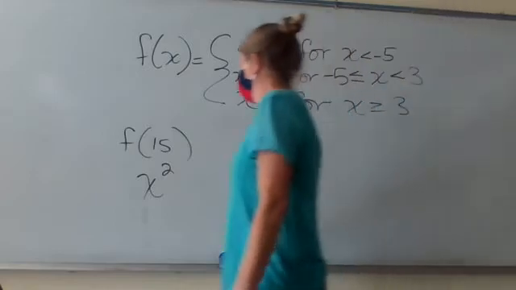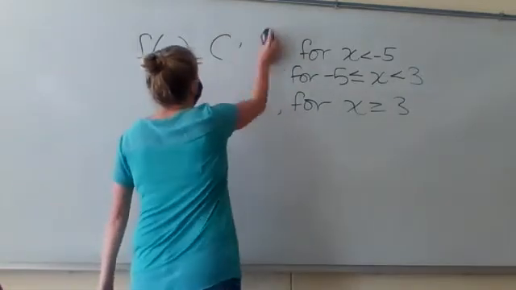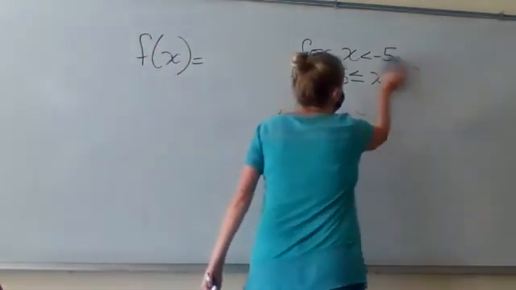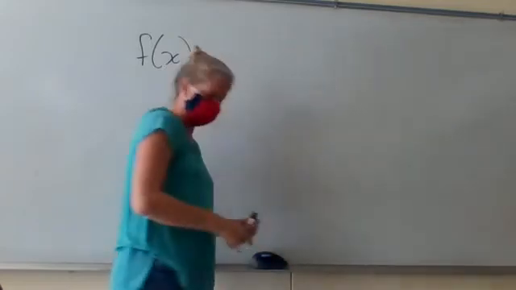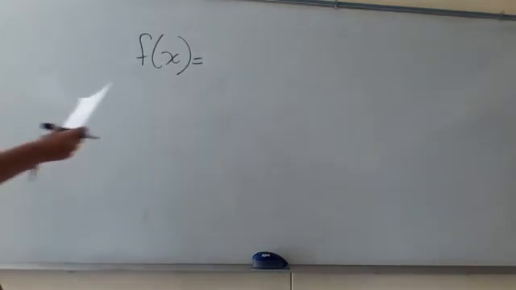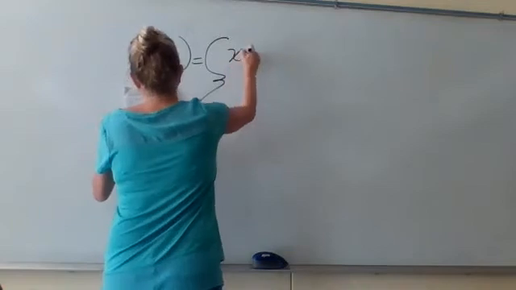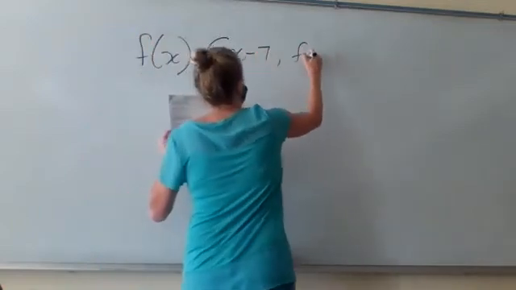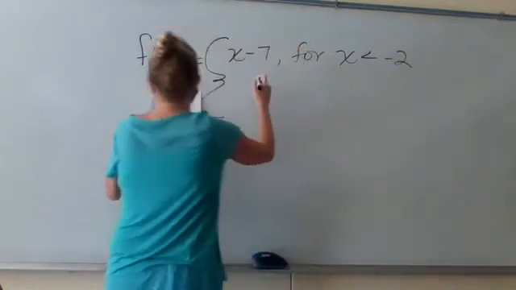And the last one of these brings up something a little new that we haven't seen. Again, it's got 3 pieces. F of x equals x minus 7 for when x is less than negative 2.